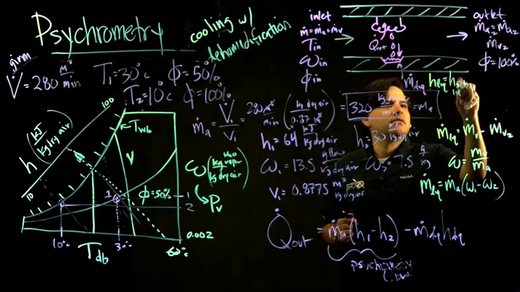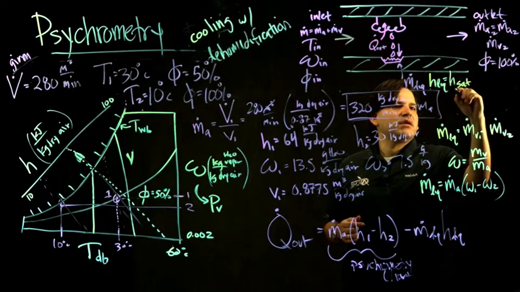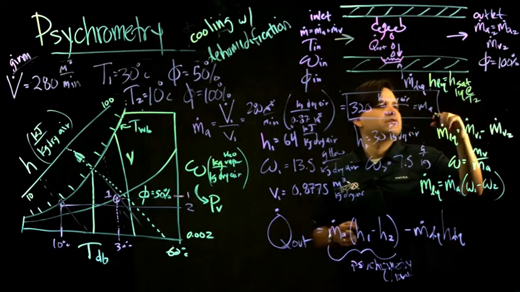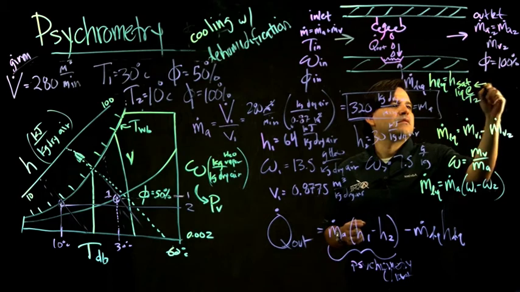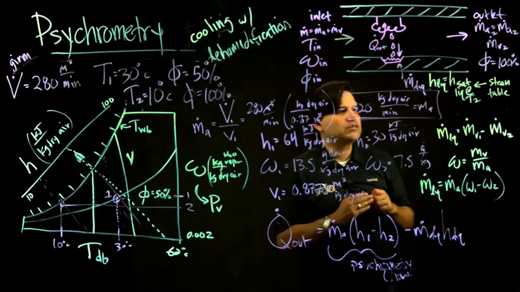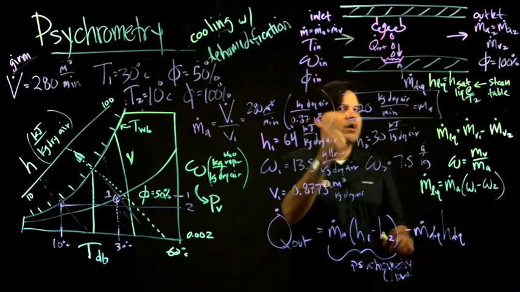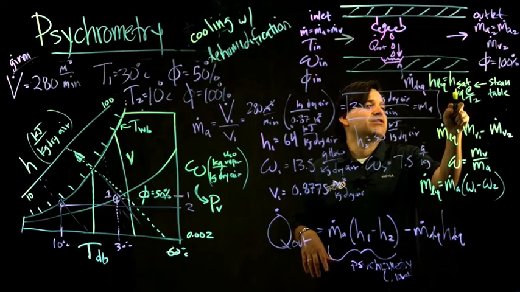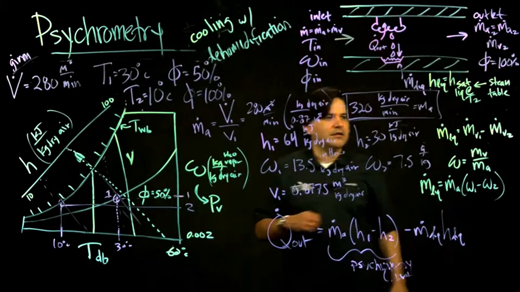So H liquid equals H saturated liquid at T, some T2 most of the time, from the steam table. If you know the pressure, which in these applications is 1 atmosphere, you go to the steam table for 1 atmosphere at T2 of your problem, and you find the enthalpy of a saturated liquid. That's the enthalpy at that point.